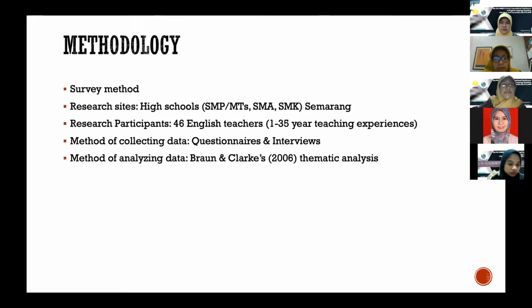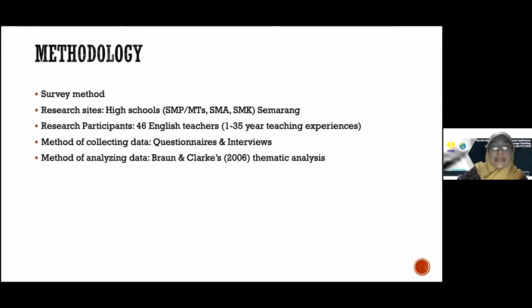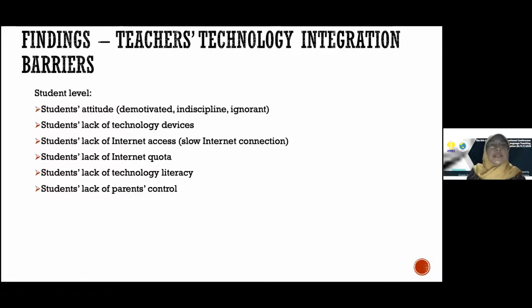In terms of methods of collecting data, I use questionnaires and interviews, and to analyze the data, I use thematic analysis by Braun and Clarke. Okay, so these are the findings of the first research question. As I mentioned earlier, I focus only on the answer to the first research question in this presentation.